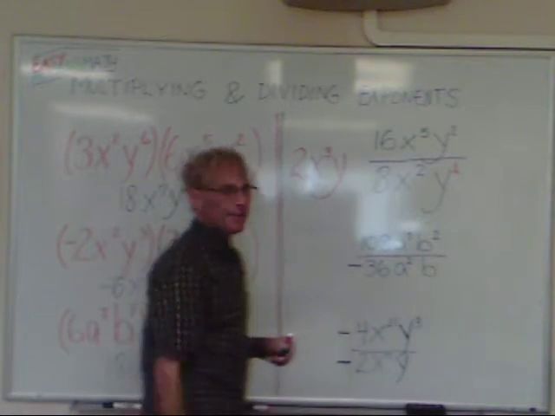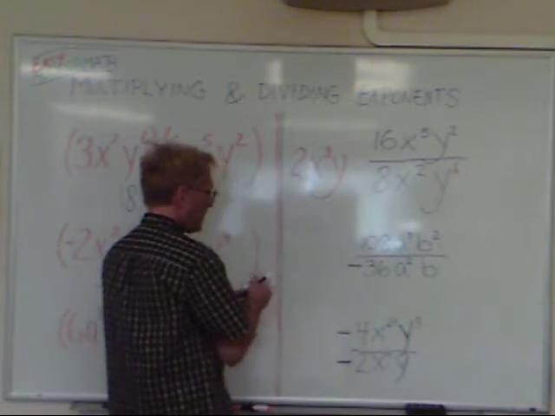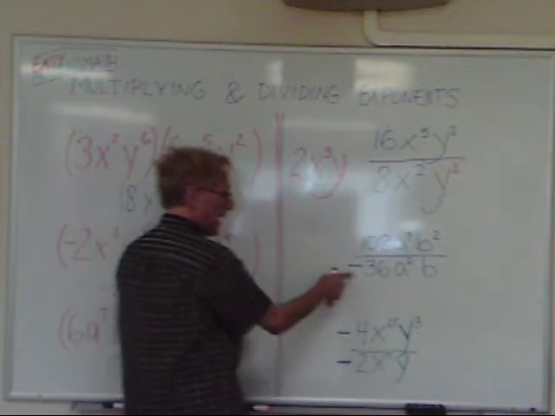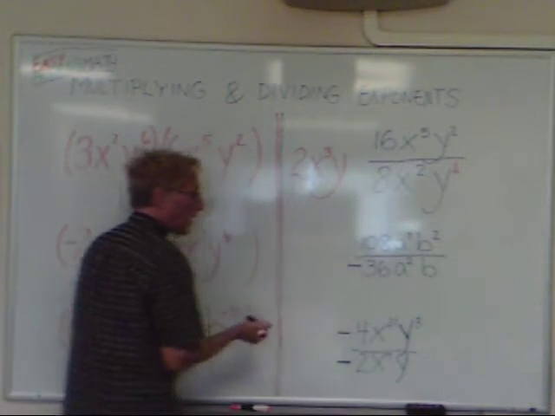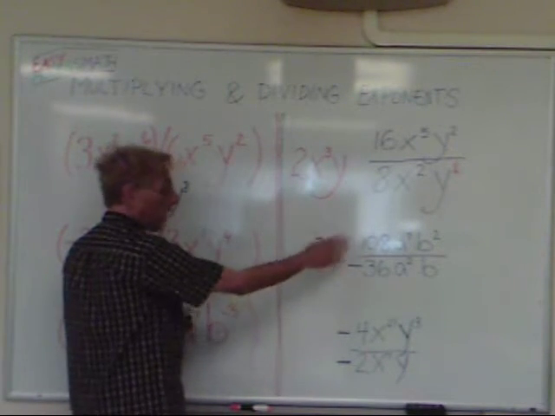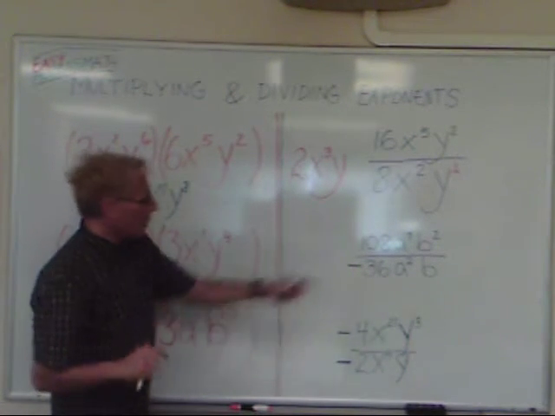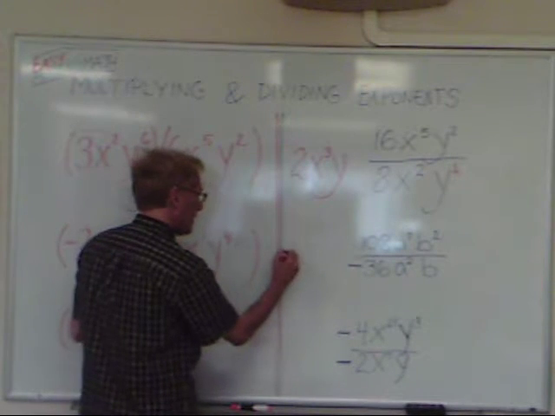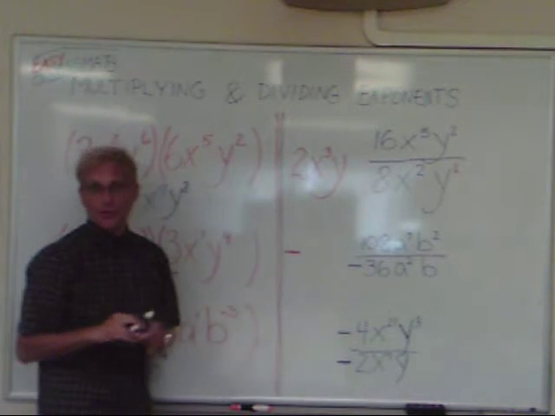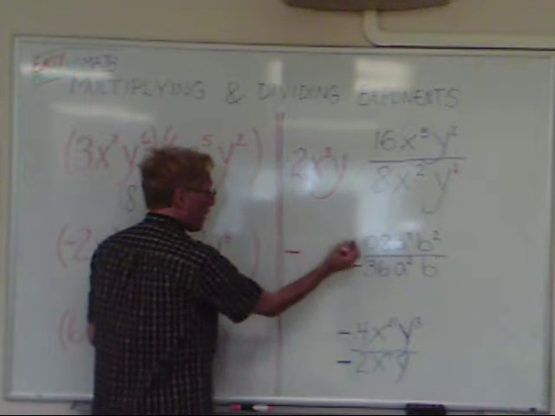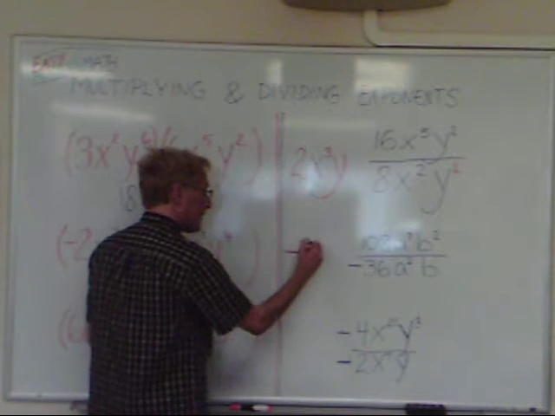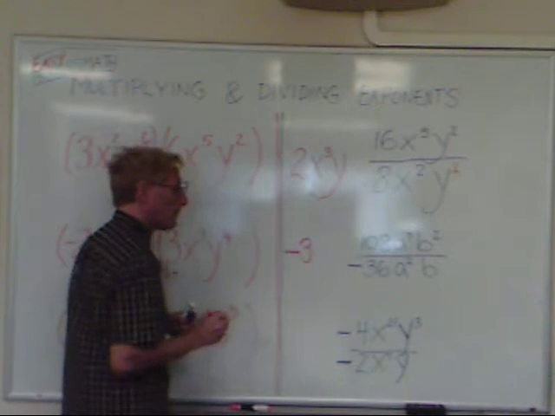Let's try some division. 108 and negative 36 again. It's unlike signs. It doesn't matter which is higher. The signs are unlike, and in division that would constitute a negative sign for your answer. 108 divided by 36 is 3.